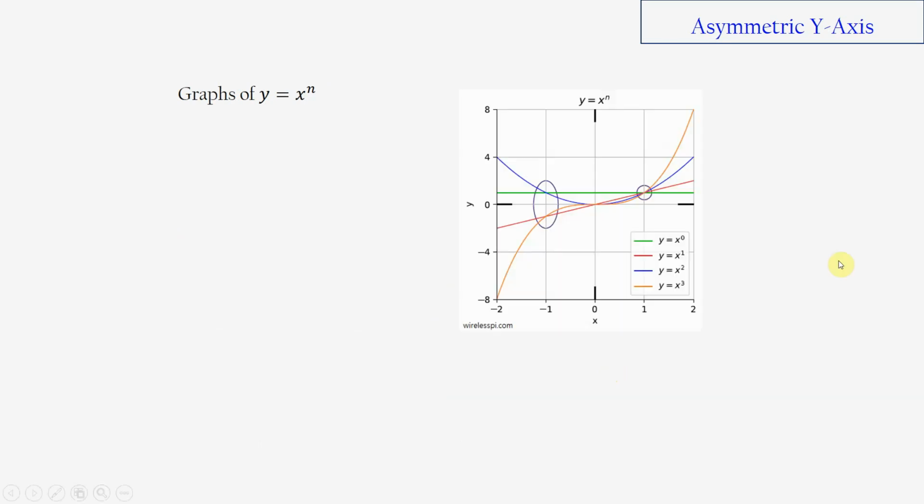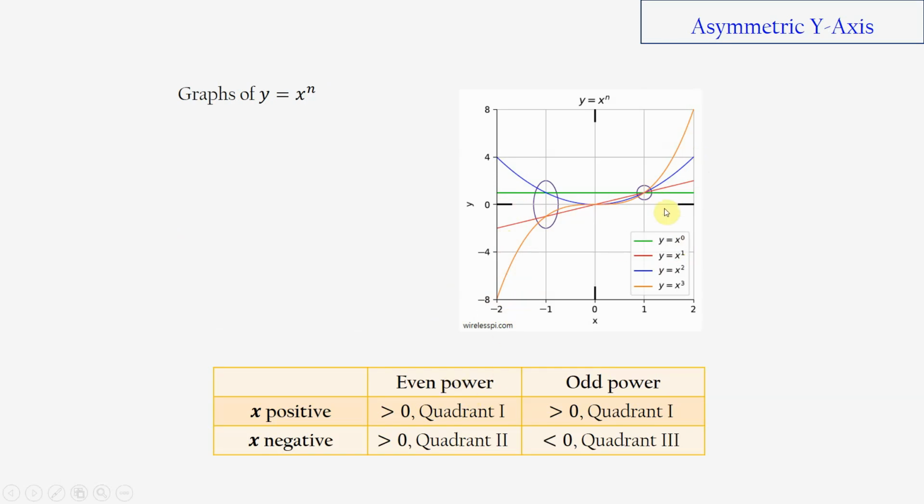Let us explore this further with the help of the graphs of y equals x raised to power n, which is drawn here for x raised to power 0, x raised to power 1, x raised to power 2, and x raised to power 3. Observe here that quadrant 1 is taken by positive y values for positive x values.